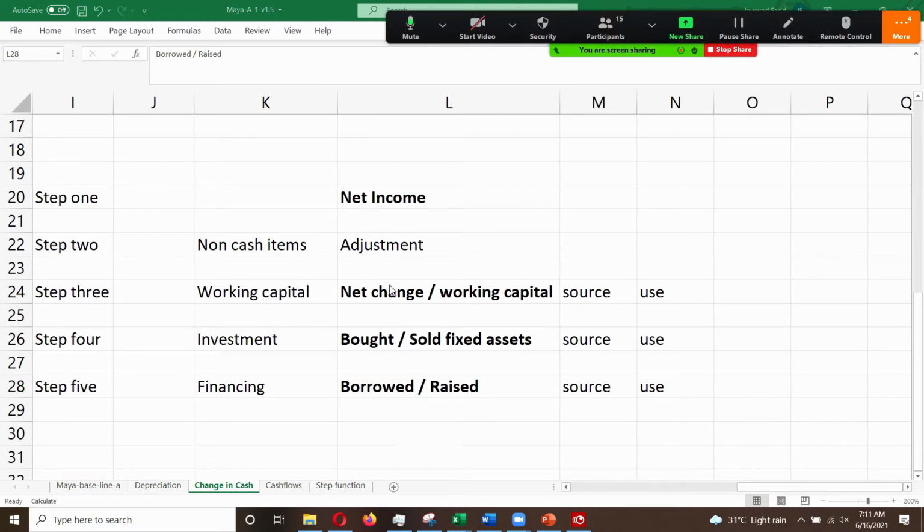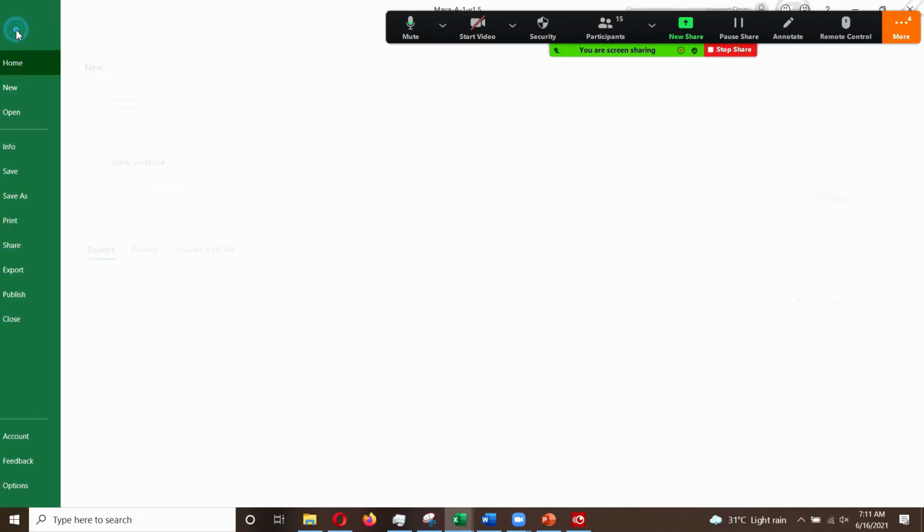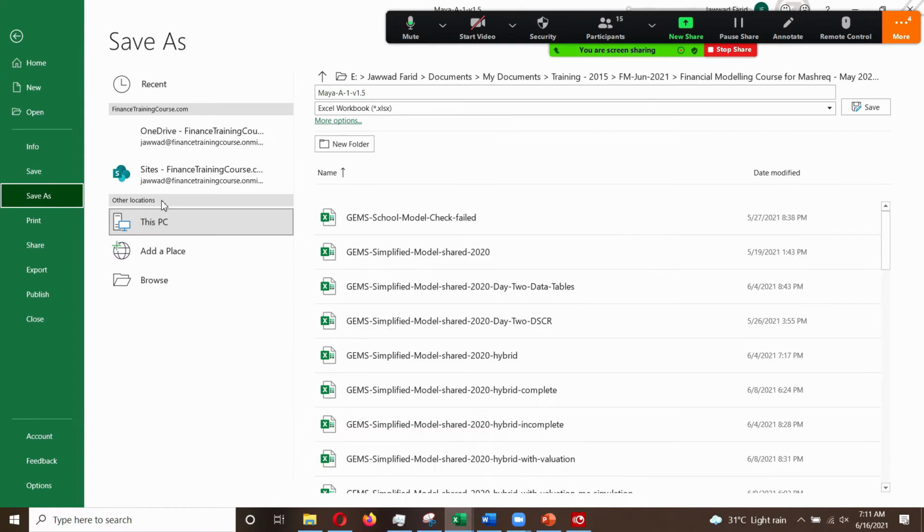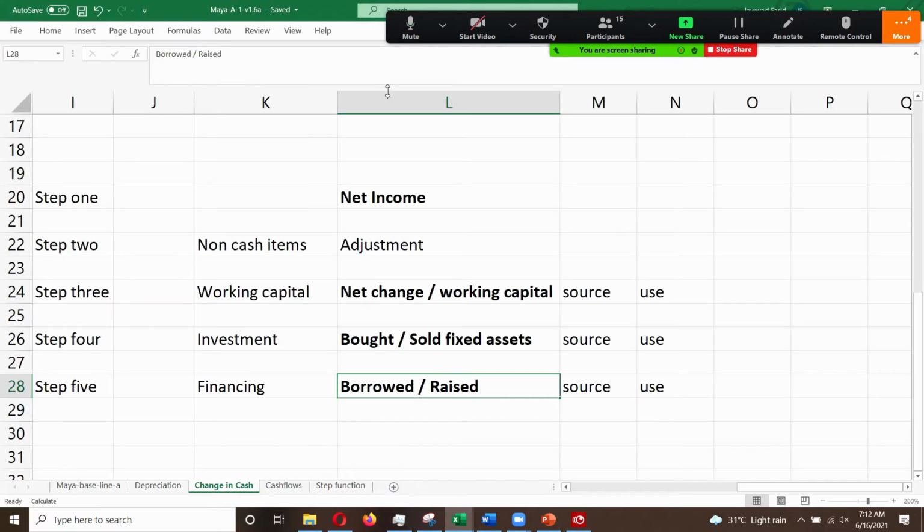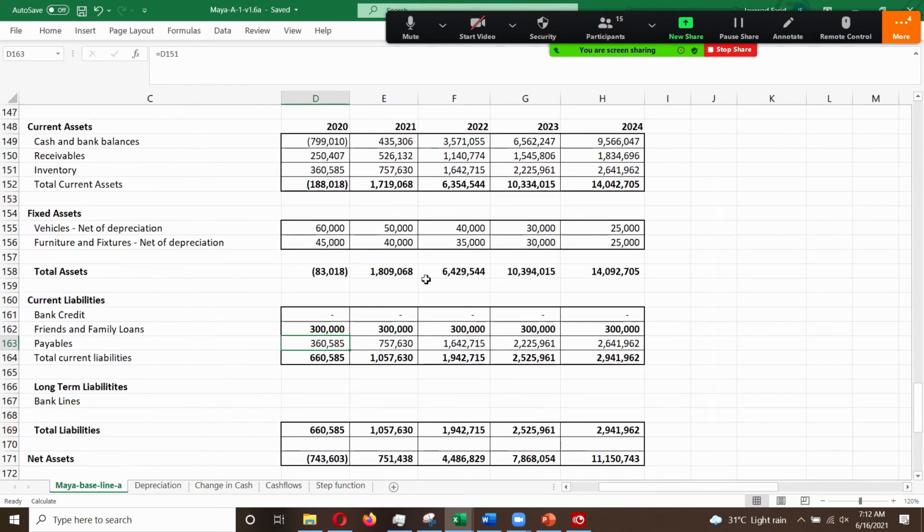So what we're going to do now is apply what we've just done here to Maya's baseline statement, and I'm going to save this now as file 1.6a. So we have cash balances here.